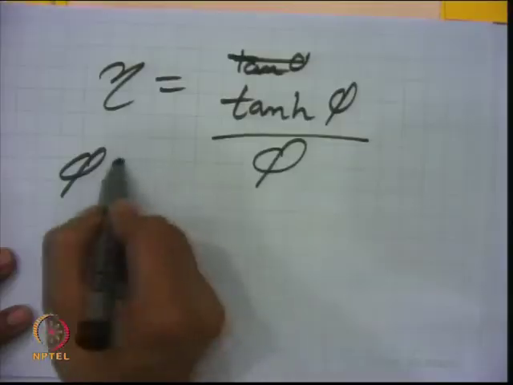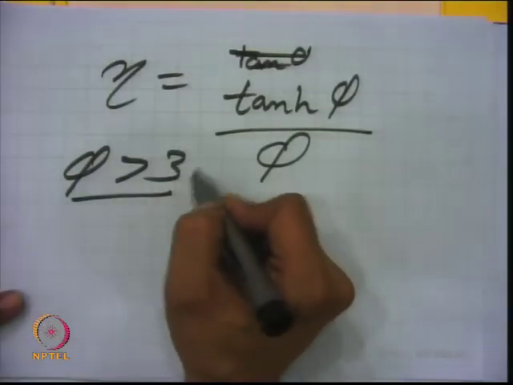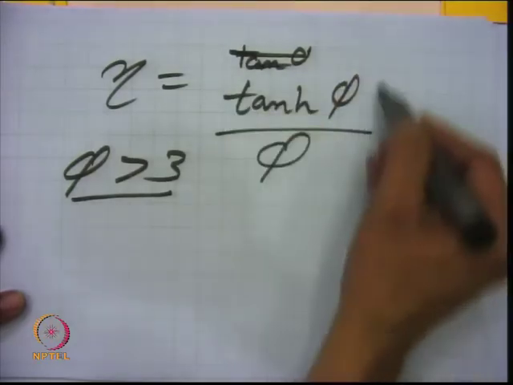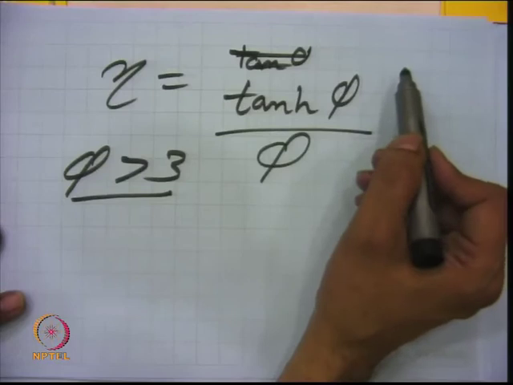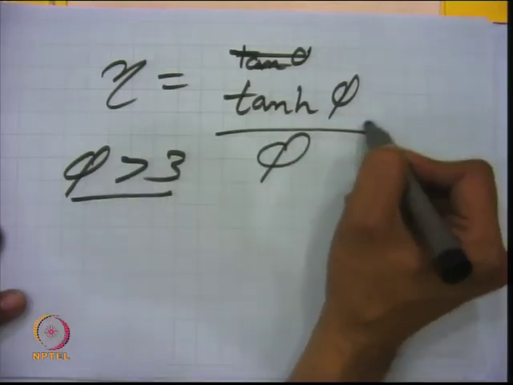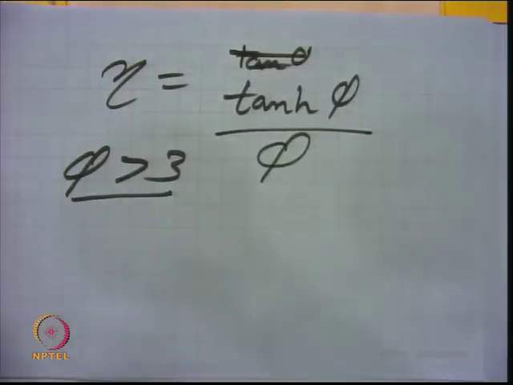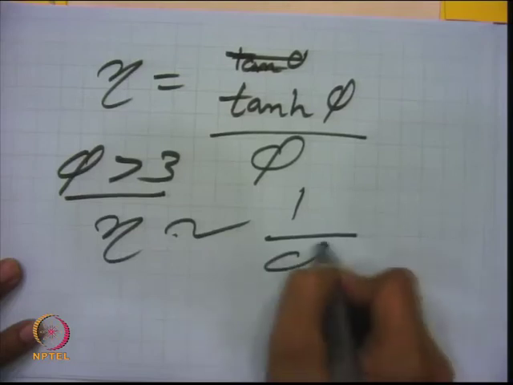If the diffusion is very strong, so φ is greater than 3, or 5 for most cases, then tanh φ approaches 1, right, because you see that value when φ is very large, say 0.999. So, η is just 1 by φ.